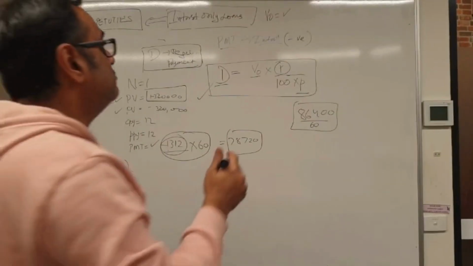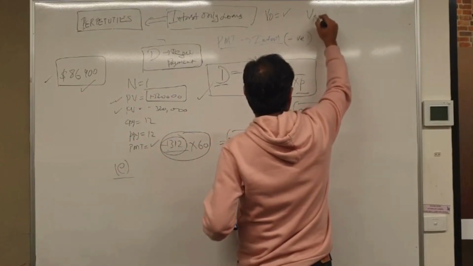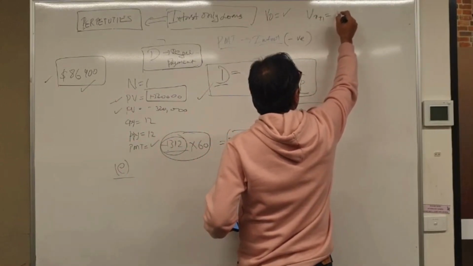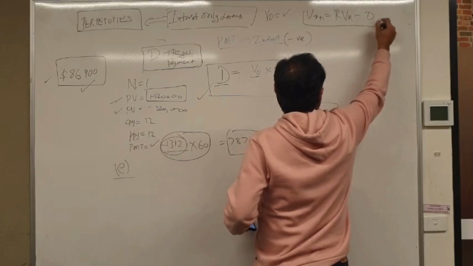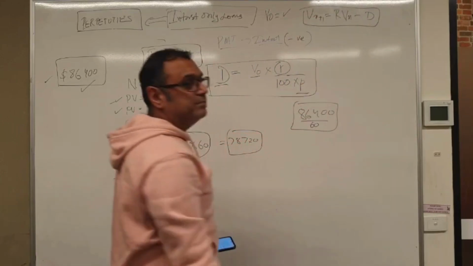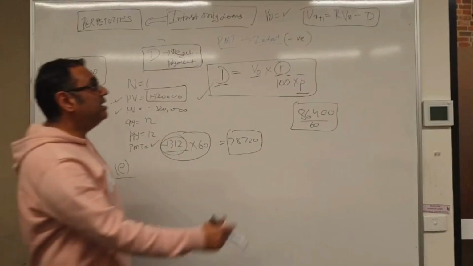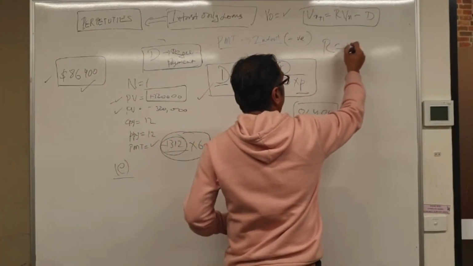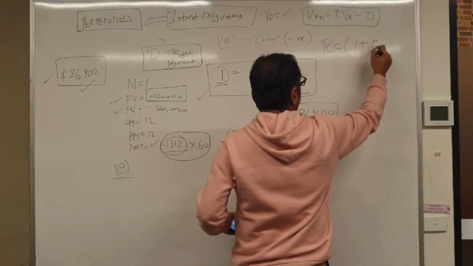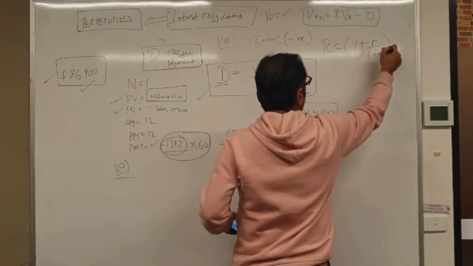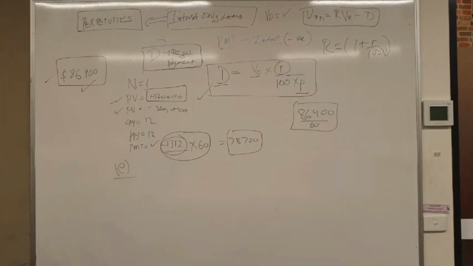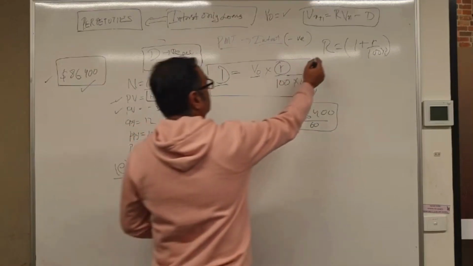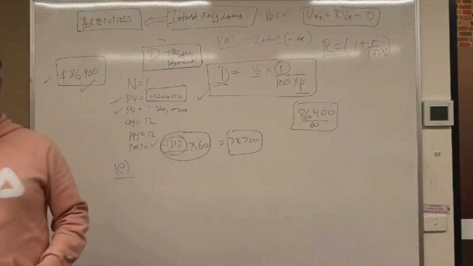So here Vn plus 1 is R times Vn minus D. And D was your monthly payment. And what is R? 1 plus the rate of interest. R is the capital R. Does that make sense?